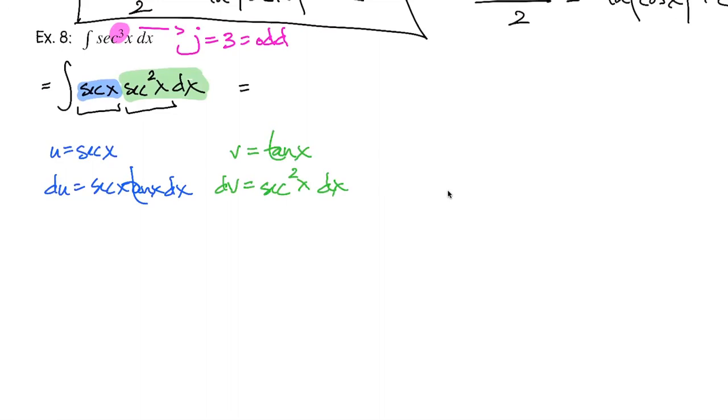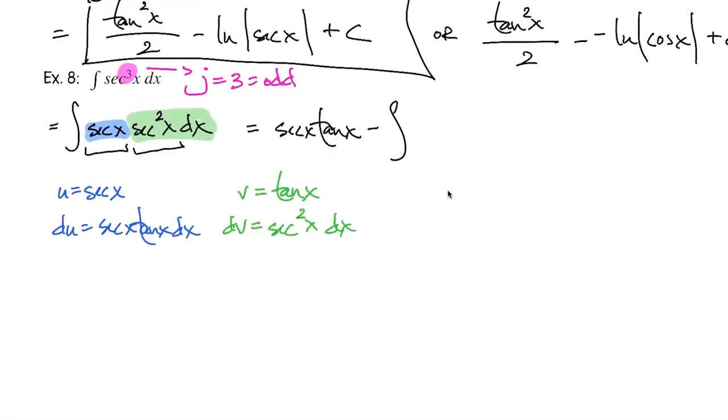This is going to give us u times v minus the integral of v du. So I'm going to take the secant and keep that, and then the tangent, and this tangent I'm going to multiply to make tangent squared. Okay.